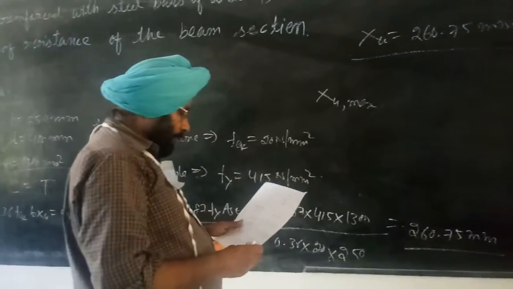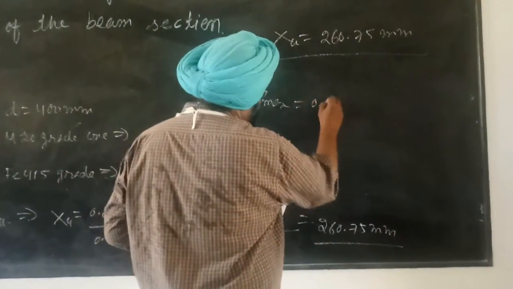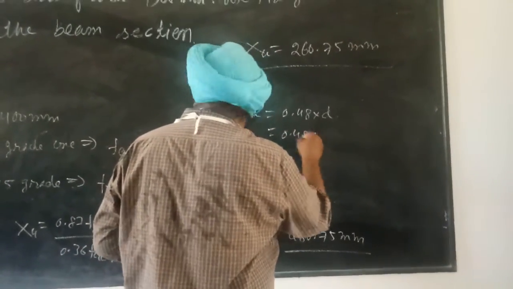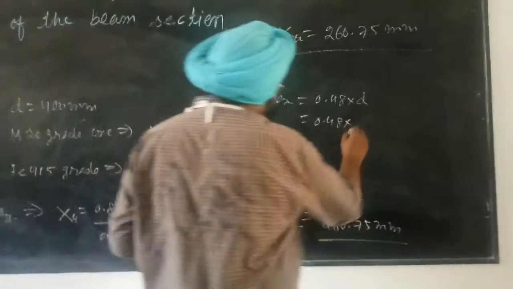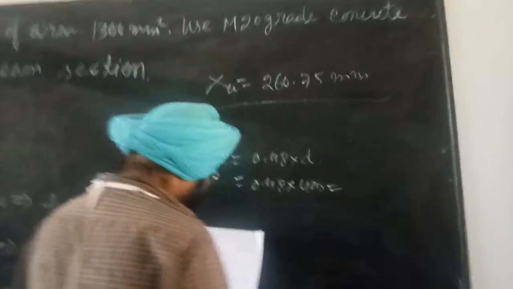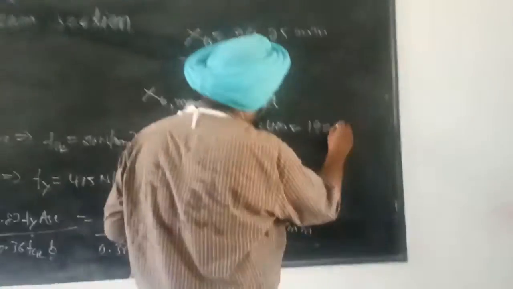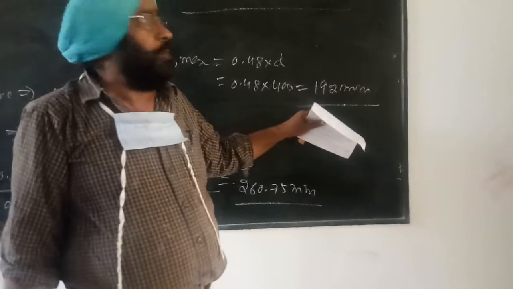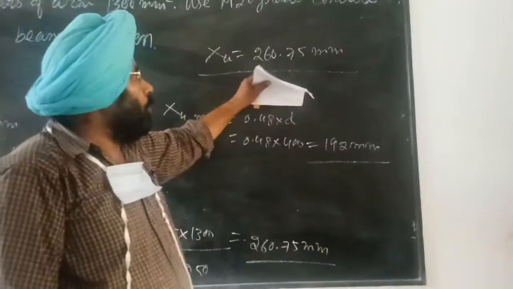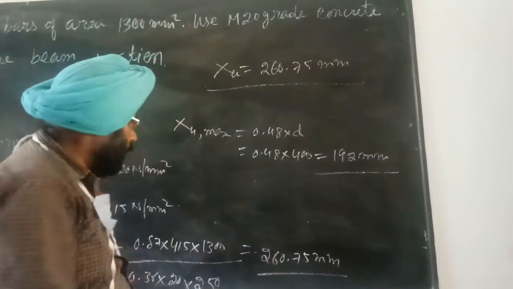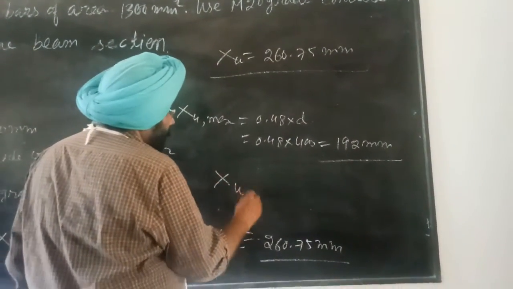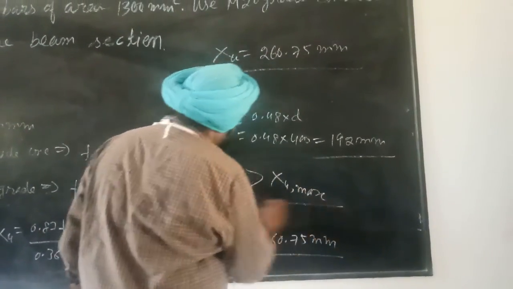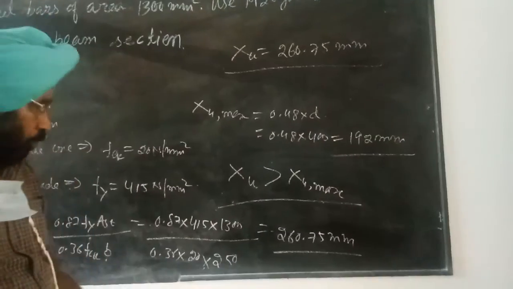The formula is 0.48 d. With d as 400, this is 192 millimeter. So the maximum depth of the neutral axis is 192 millimeter, and the depth of the neutral axis is 260.75 millimeter. So x_u is more than x_u max, which means the beam section is over-reinforced.